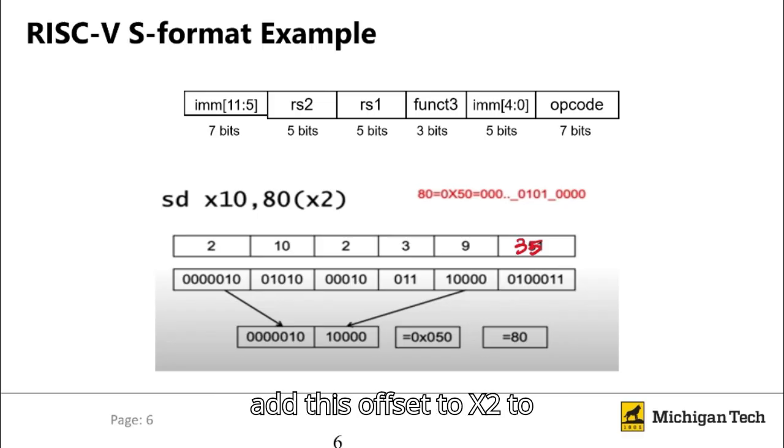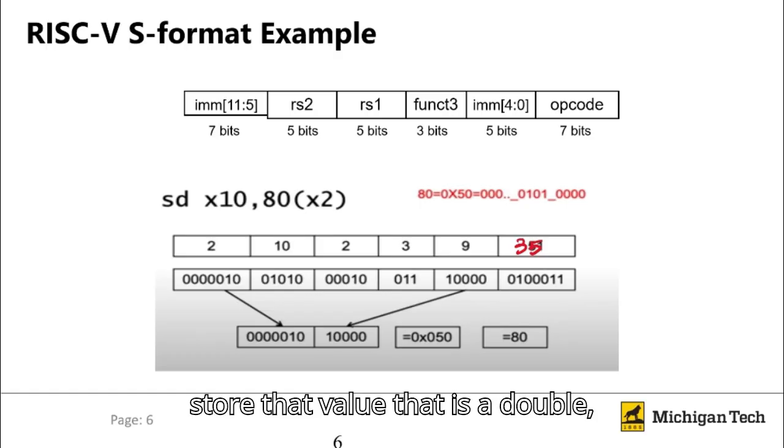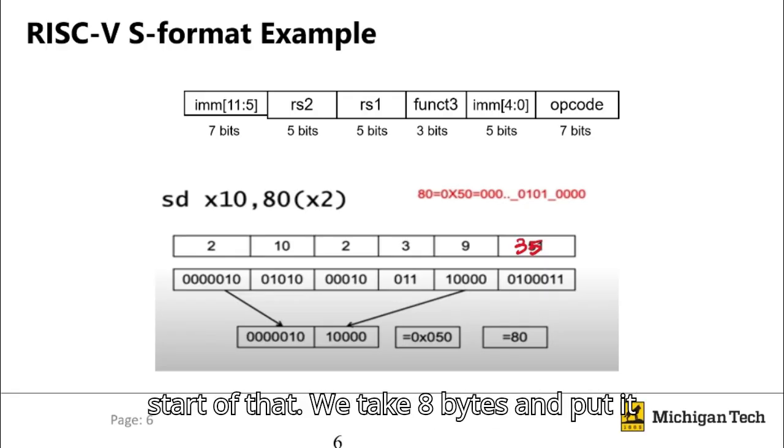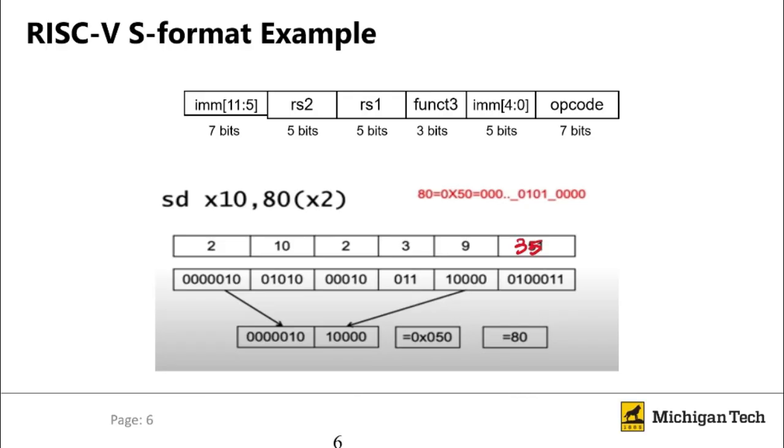And we add this offset to x2 to find the effective address. And then we actually store that value that is a double. That address is going to be the start of that. We take 8 bytes and put it in x10.